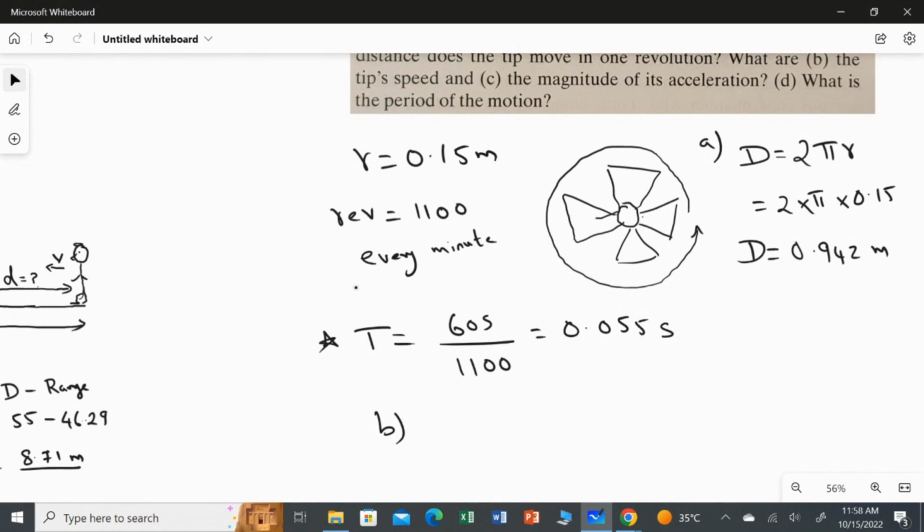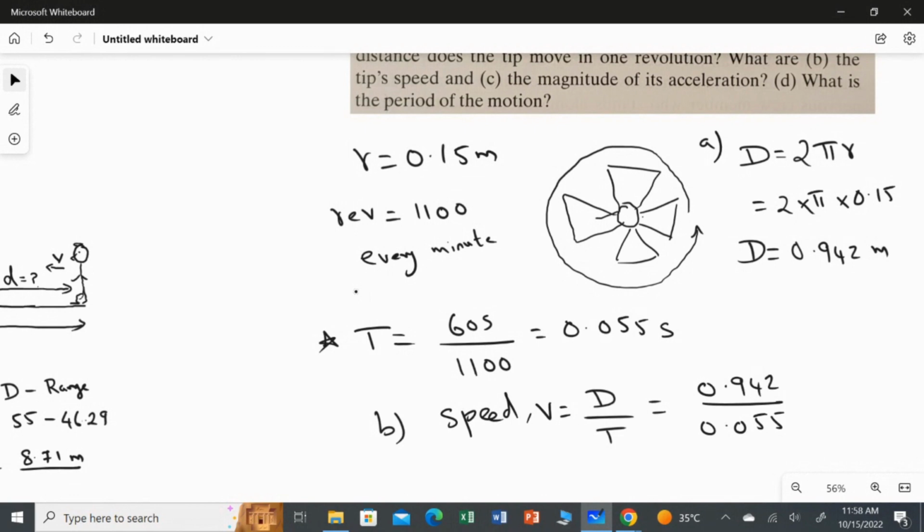As we already know the definition for finding the speed, which is equal to distance over time. What is the speed? Speed v is equal to distance over time. What is the distance here? I'm going to take the answer from the first part, which is 0.942, and the time is 0.055.